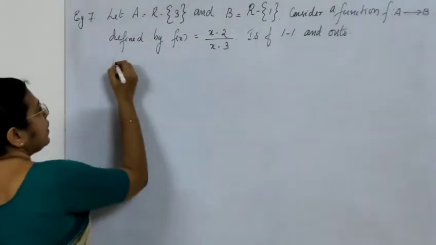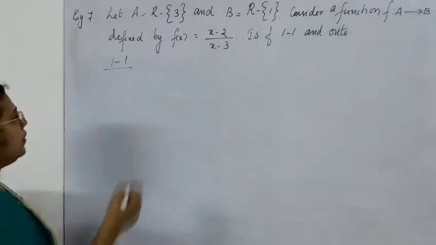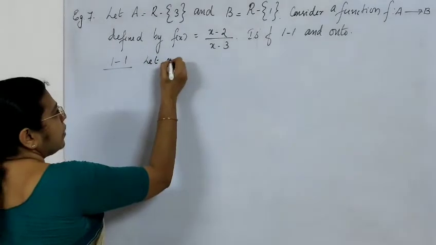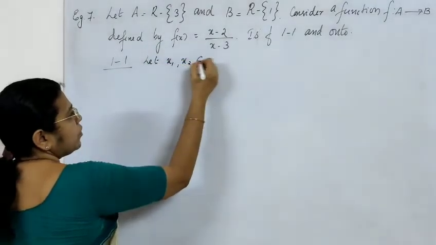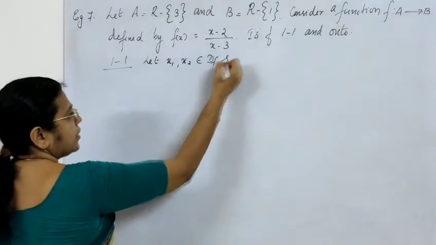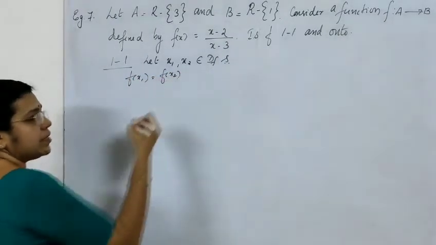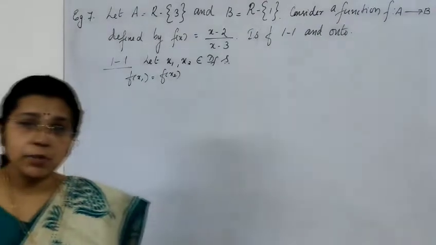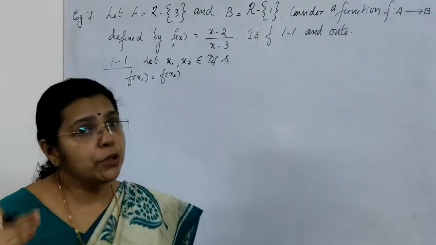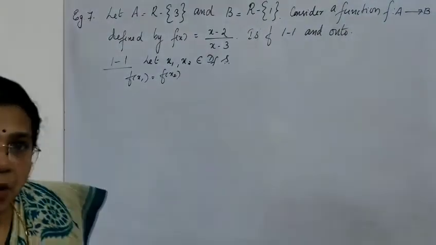Right away I am moving into the answer. Checking for 1-1. How do I check for 1-1? Let x1, x2 belong to the domain of the function such that f of x1 is equal to f of x2, and I must come to the conclusion that x1 is equal to x2 to show that the function f is 1-1.